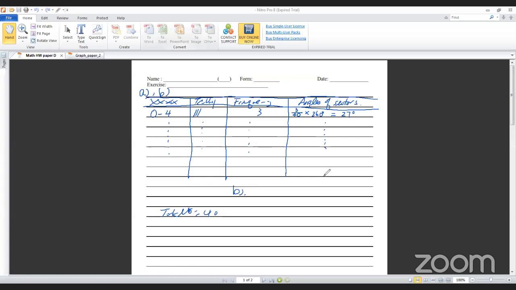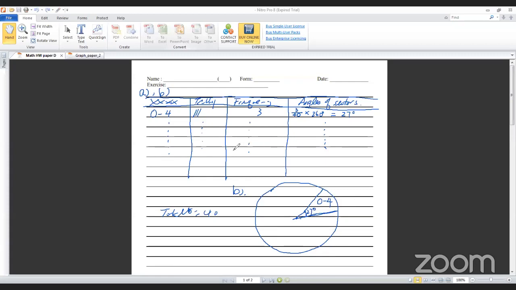And then for part B, you need to draw a circle, and then use a protractor. Draw a line to be the starting line. And then use a protractor to measure the angle, like that, and then show the angles. And then write it down. What does this mean? This part represents this group, 0 to 4.